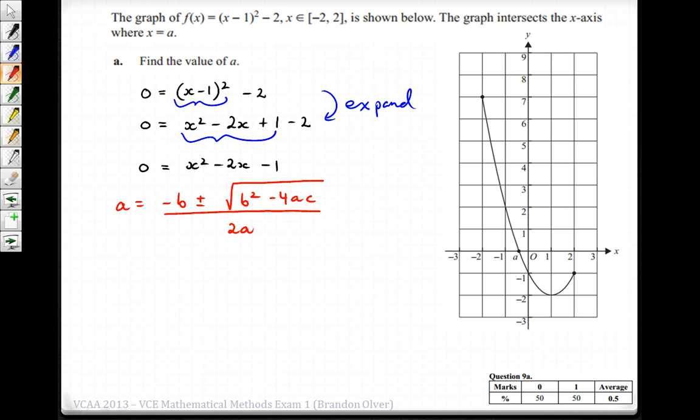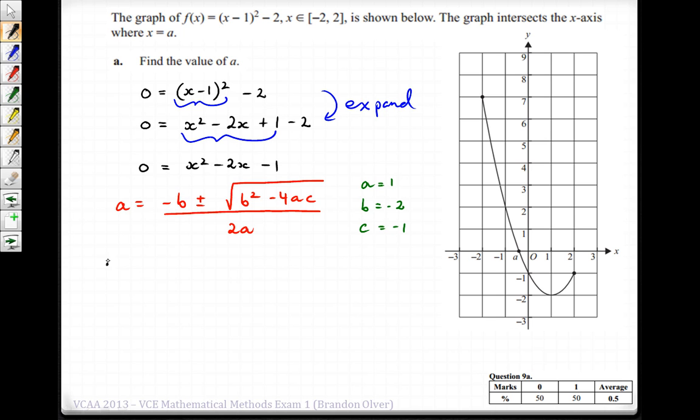Again, this is not on your formula sheet, and you should be committing it to memory throughout the semester. Here we've got a equals 1, b equals minus 2, and c equals minus 1, from the coefficients of x squared, x, and the single scalar at the end.